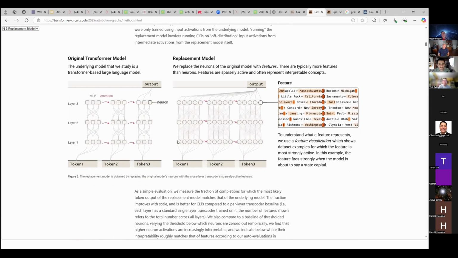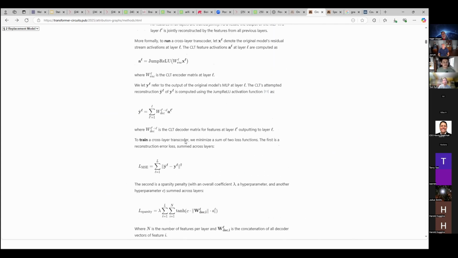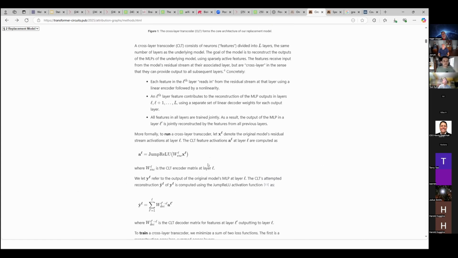What's the jump ReLU? ReLU is 0 for everything that's negative, and for positive values it equals the input. Jump ReLU, I believe, is 0 for everything negative, the same, but for positive things, it equals the input plus a bias.